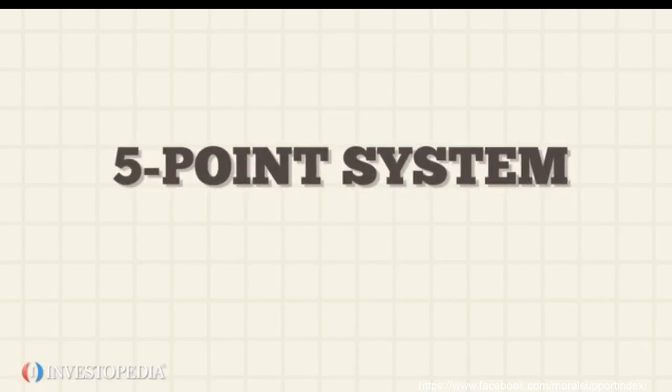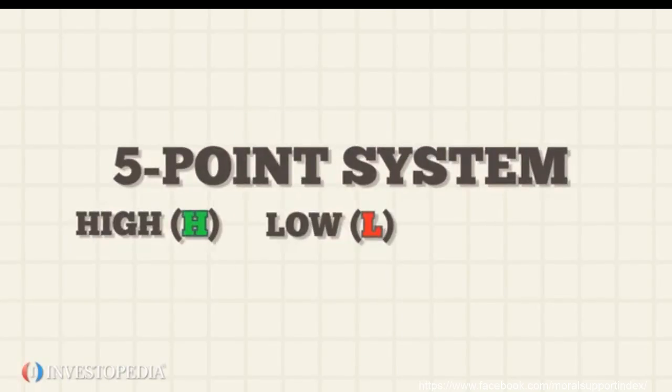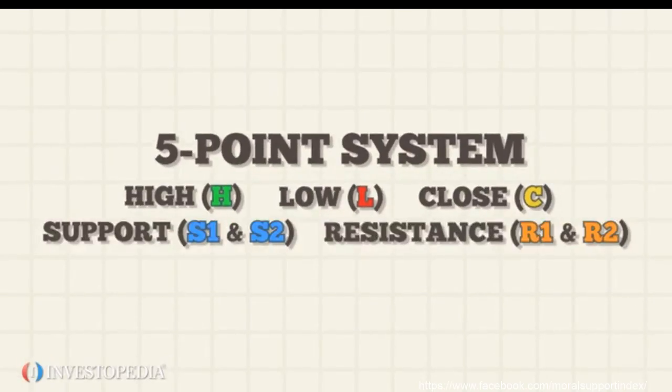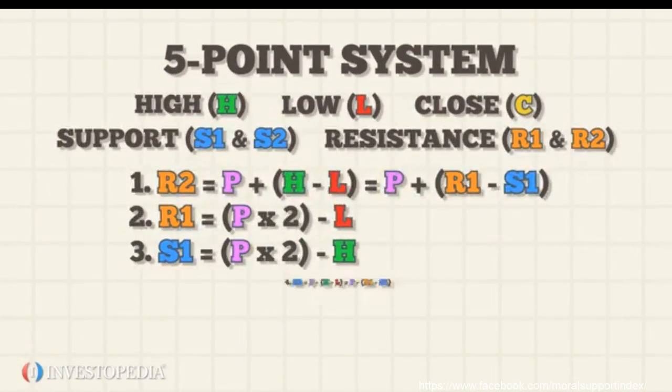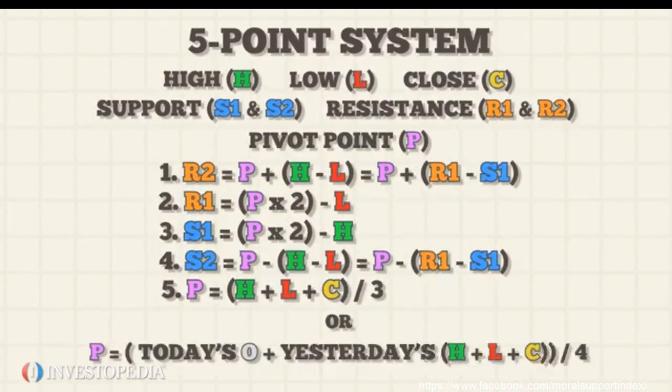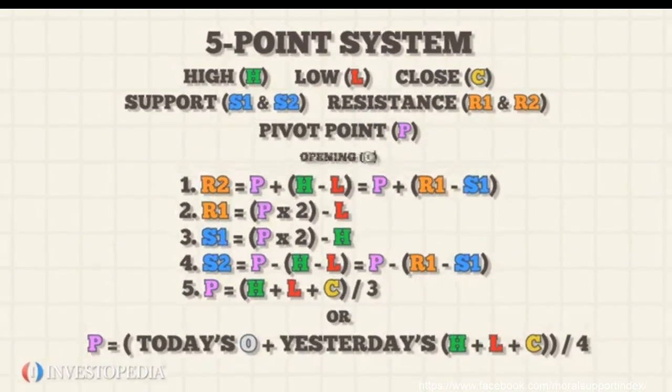It takes the previous day's high, low, and close, as well as 2 support levels and 2 resistance levels. These numbers are plugged into the following series of equations to find a pivot point. A variation of this method incorporates opening price using the following formula.